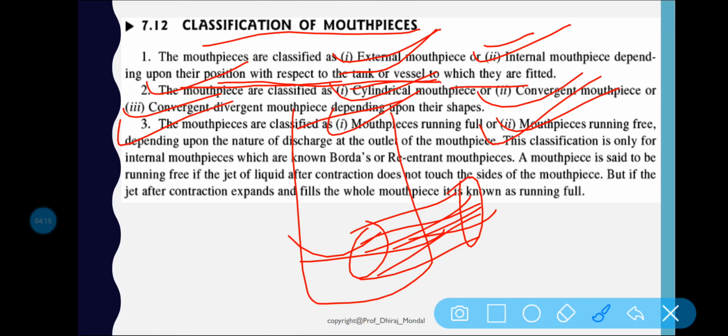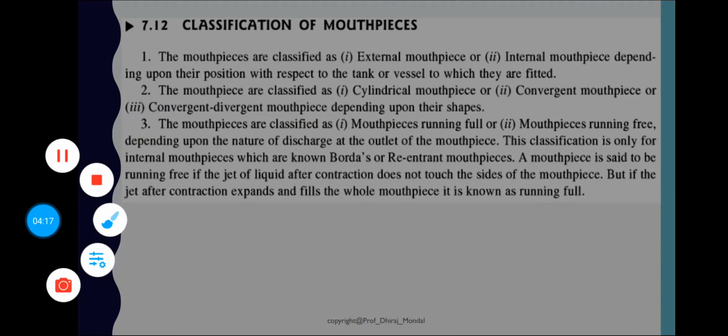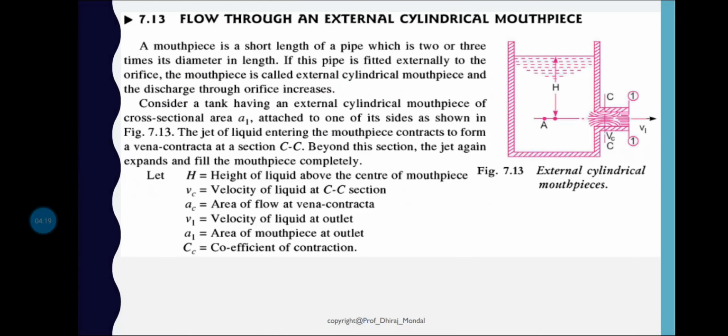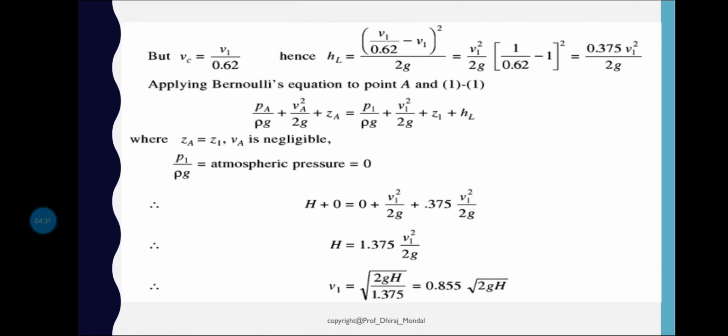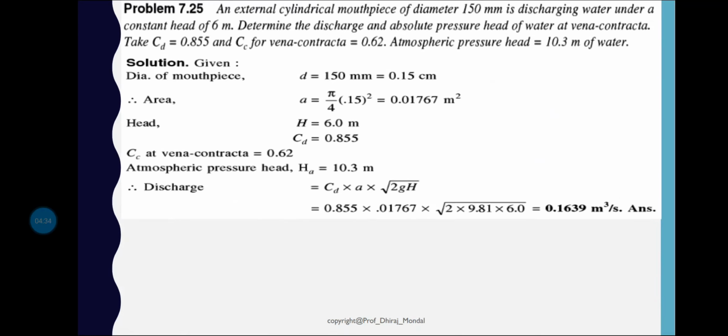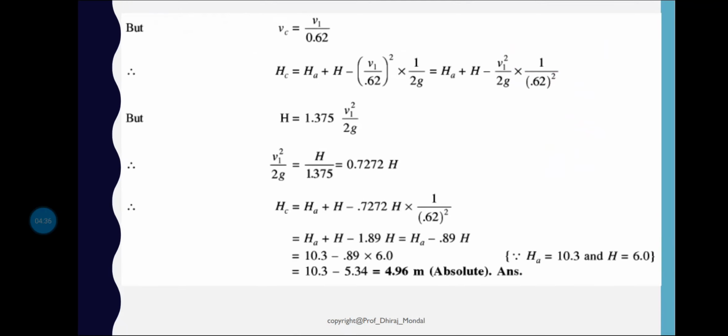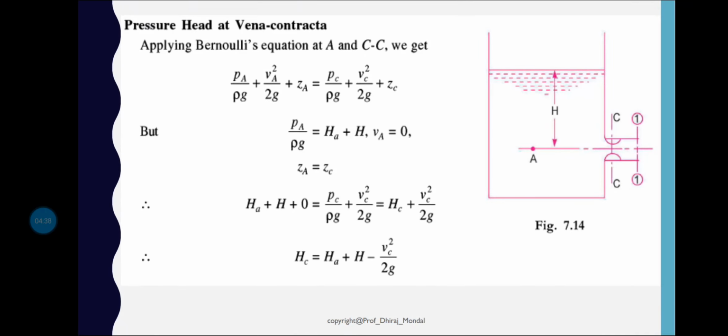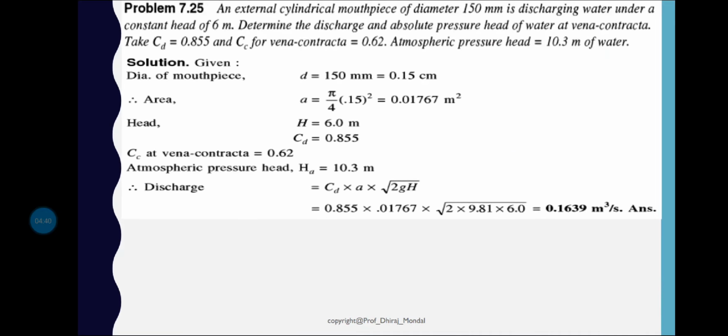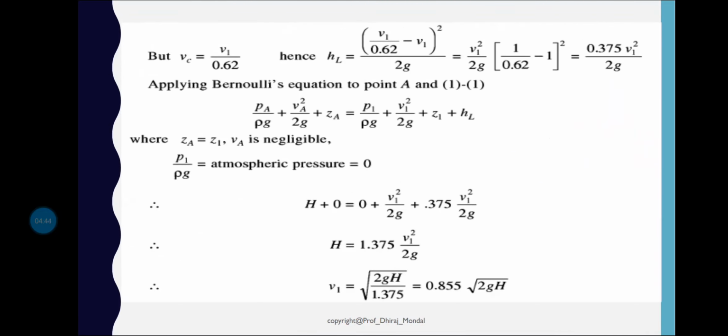Here you can see this is an external cylindrical mouthpiece, so it is placed externally and is cylindrical in shape. Here you can see this is a convergent divergent type, which will be discussed here.